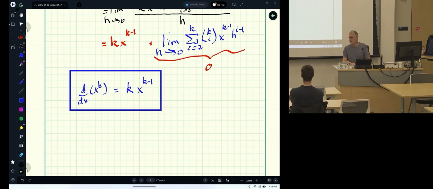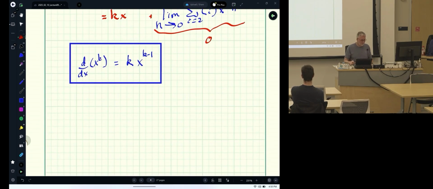Anybody want to calculate more derivatives, or is that enough? Enough? Yeah, okay. Very good. Let's do a few non-examples. Okay, so we just did a bunch of functions that are differentiable. Let's see when things go south.